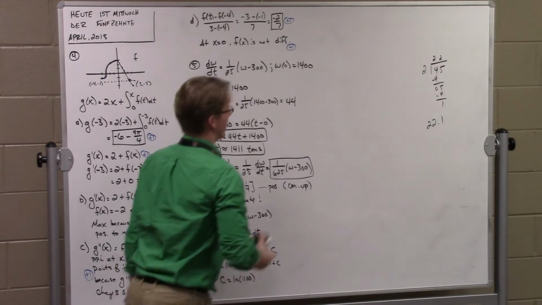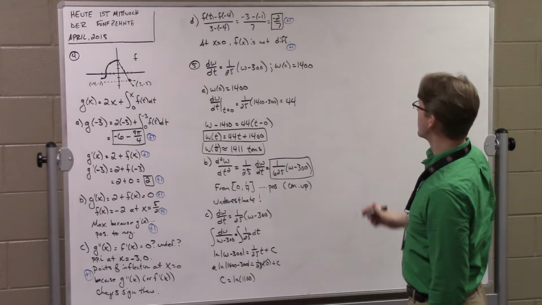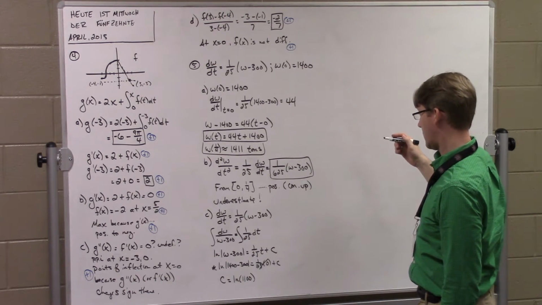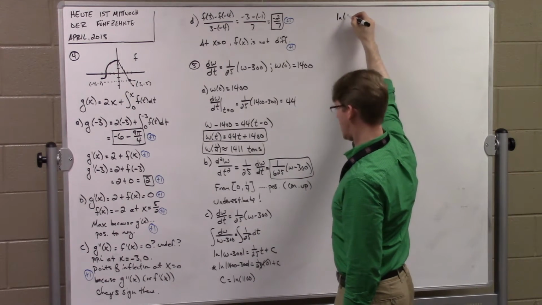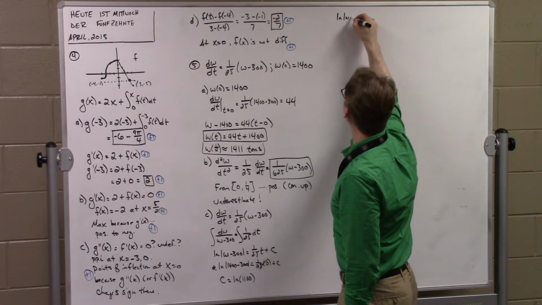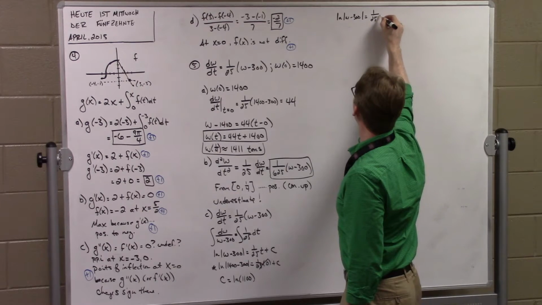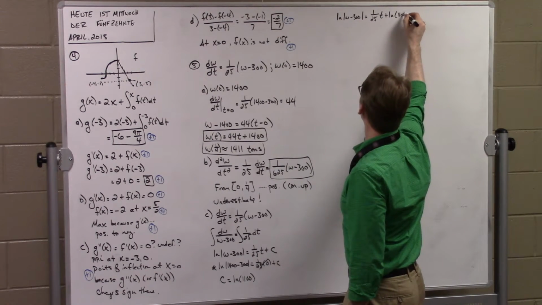Leave it like that, because it's gonna wash out here in just a second. Okay, back to our original: natural log of W minus 300 is equal to 1/25 t plus natural log of 1100.